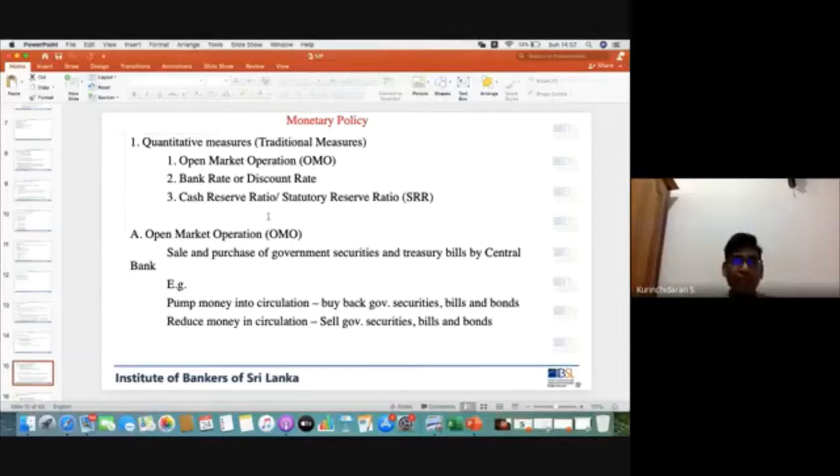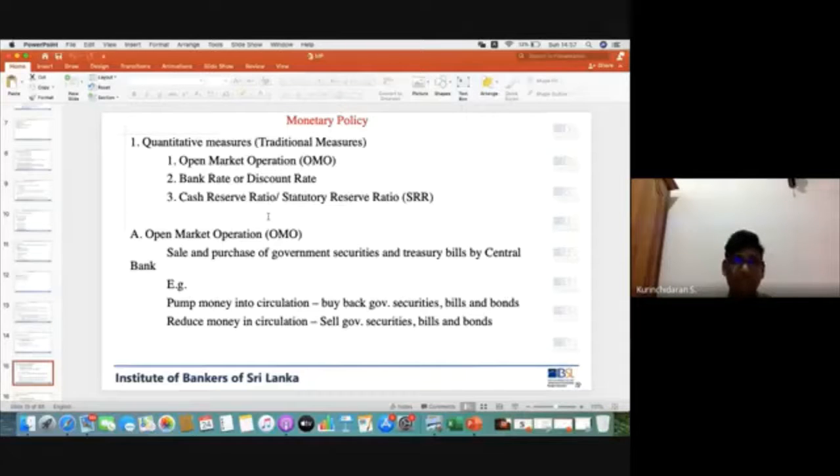So you can read a lot of articles or central bank publications about the activities taken by the Central Bank of Sri Lanka. So many measures are taken.